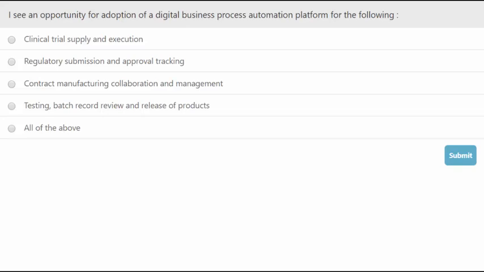This question is, I see an opportunity for adoption of a digital business process automation platform for the following: clinical trial supply and execution, regulatory submission and approval tracking, contract manufacturing collaboration and management, testing, batch record review and release of products, or all of the above.